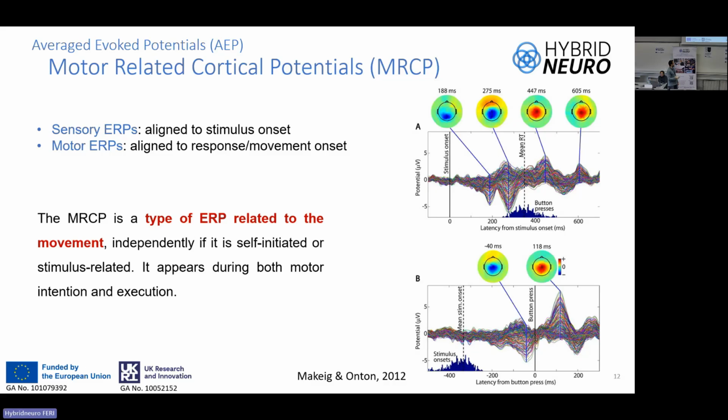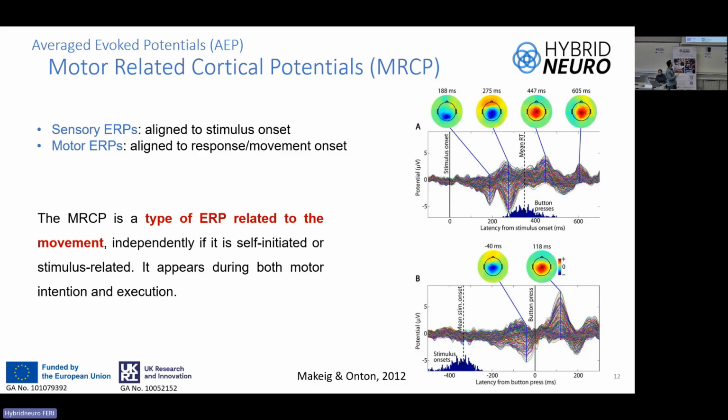But if you align to when the button is pressed, the potentials are different. It's important to choose the correct alignment. Depending on the task or the purpose of our research, you can use stimulus onset, response onset, or even movement onset.